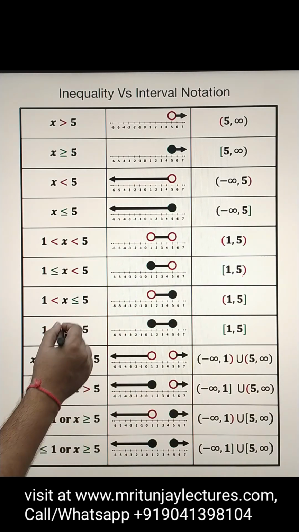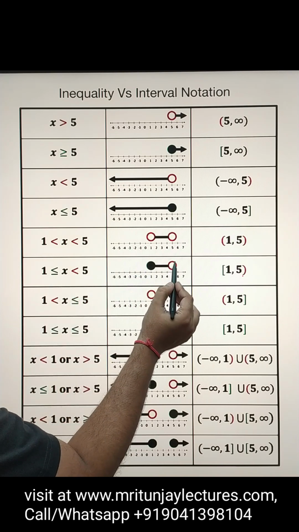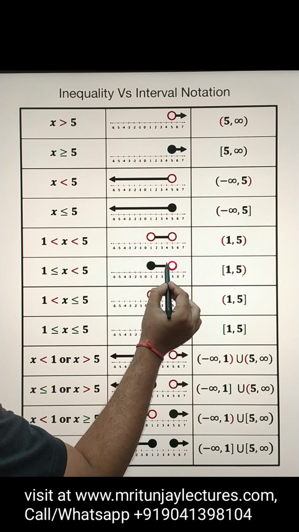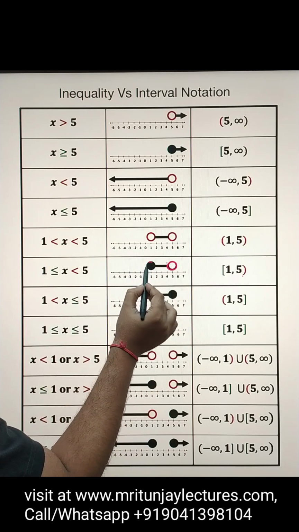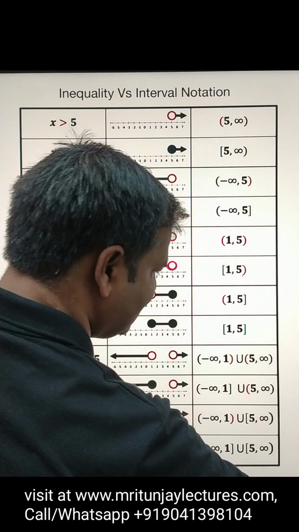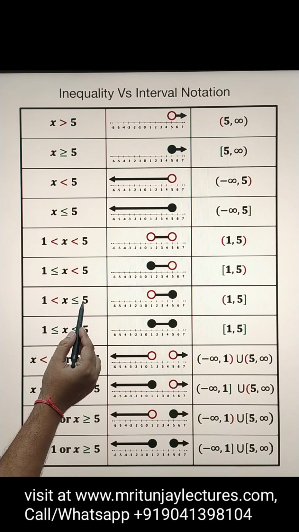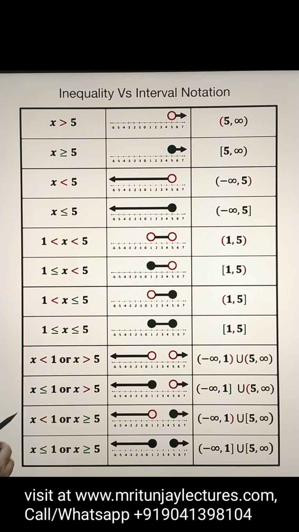And now if you represent it in a graph, at 5 that is an open circle, and 1 is closed, so represent it like that one. After that, now x from 1 to less than or equal to 5, what is the meaning of that one?